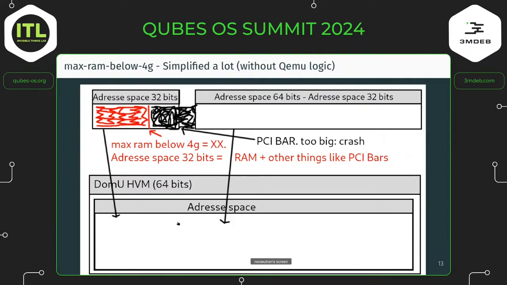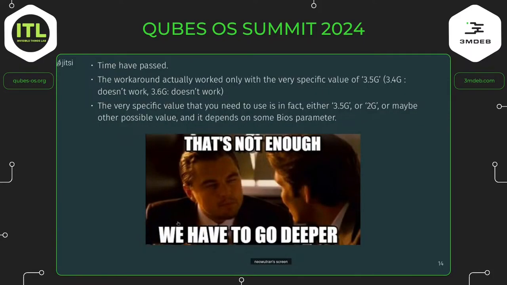If they were bigger than what we can store in a 32-bit address space, it crashed. So we use the parameter max RAM below 4 GB to tell the system how much random access memory it can try to fit in the 32-bit address space before assigning the remaining random access memory into the 64-bit address space.